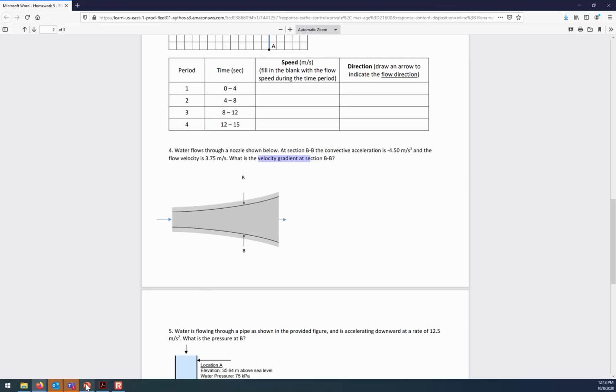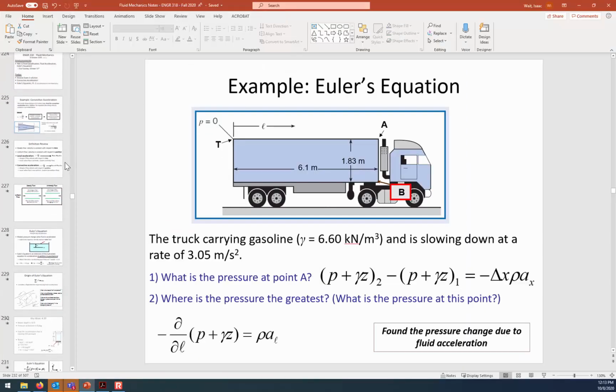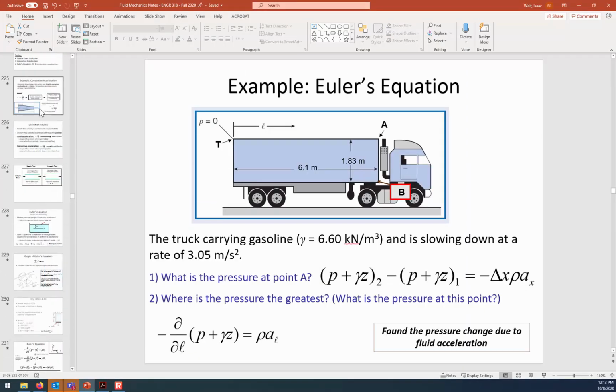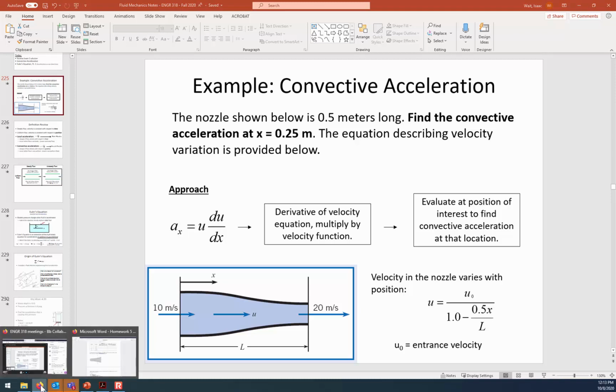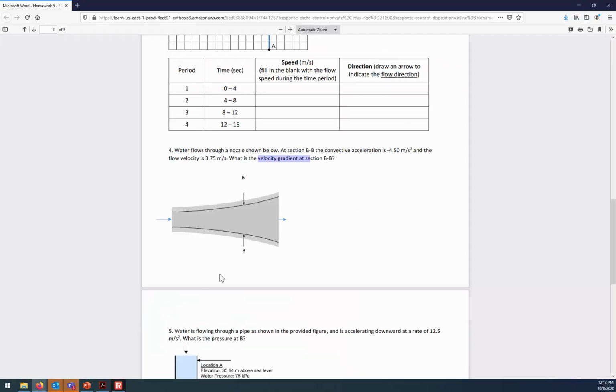Velocity gradient is what we call du dx. I can't believe I gave you such an easy homework problem. I'm asking you to solve for du dx when you're given the convective acceleration and the velocity itself. I'm ashamed at how easy that problem is.